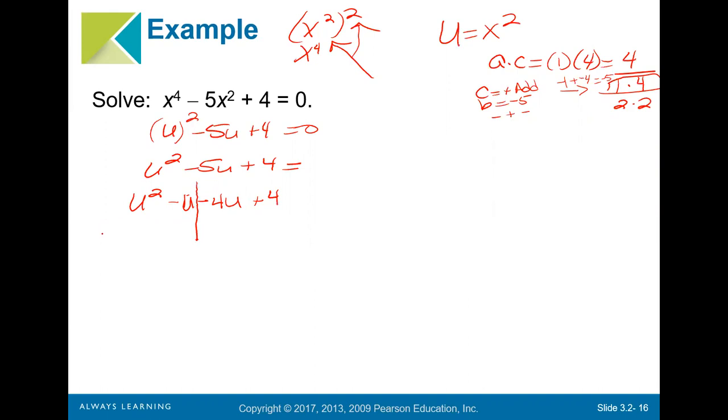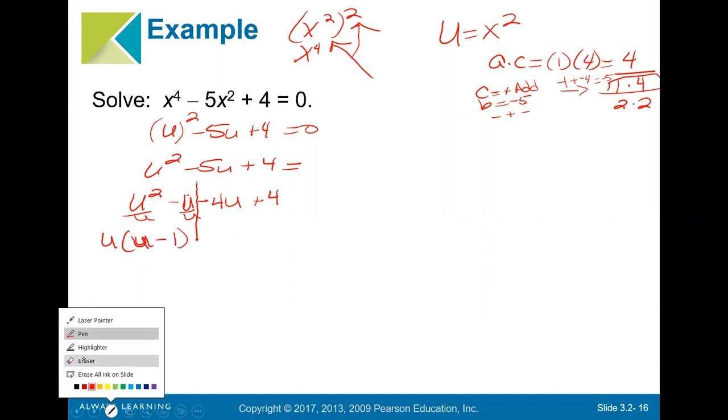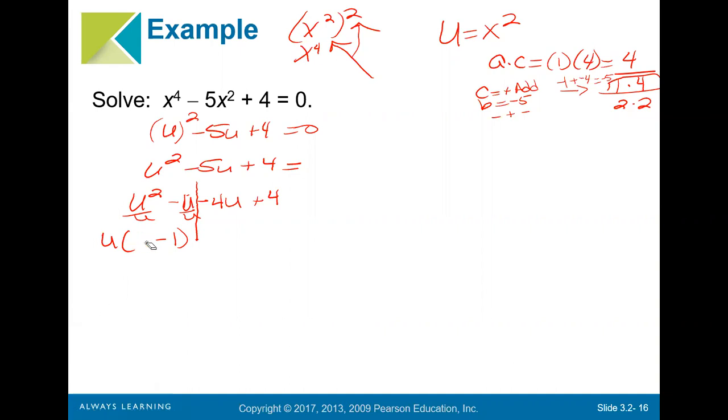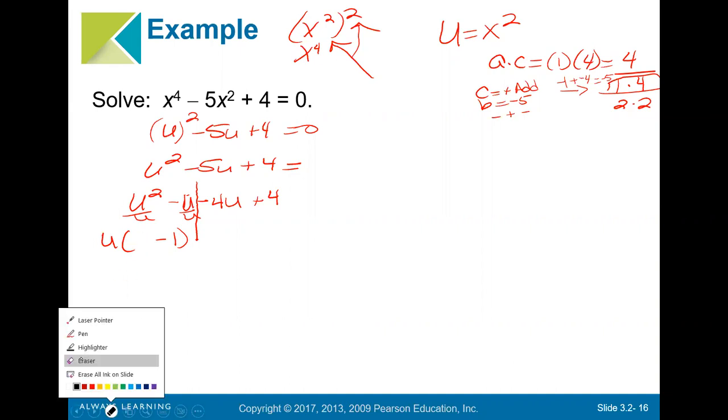On this first side, I notice I can factor a u out. So I'm going to divide both of them by u. u goes into u squared and leaves me with u. Positive u goes into negative u and leaves me with negative 1. Gotta be careful with my notation. My writing gets a little sloppy after I write a little while. Let's rewrite that.